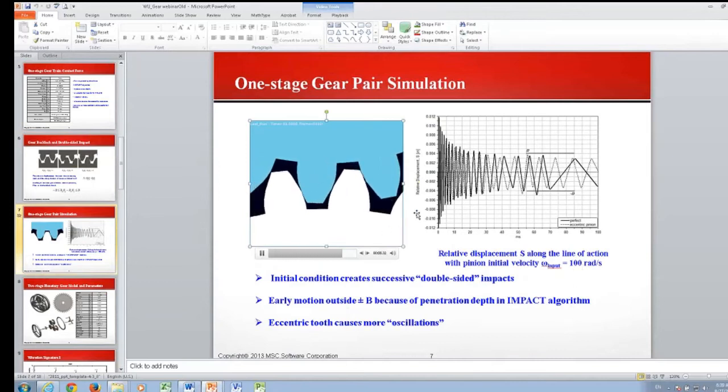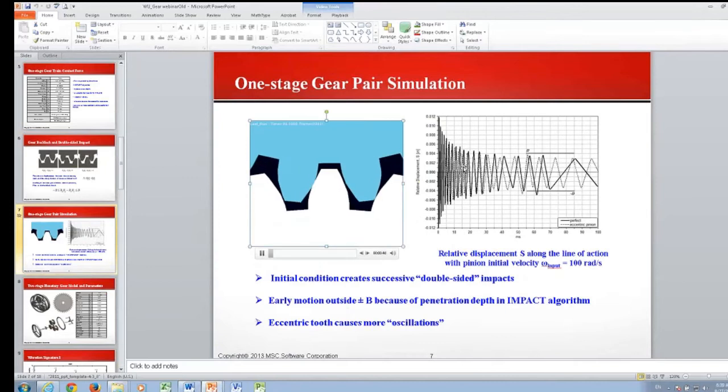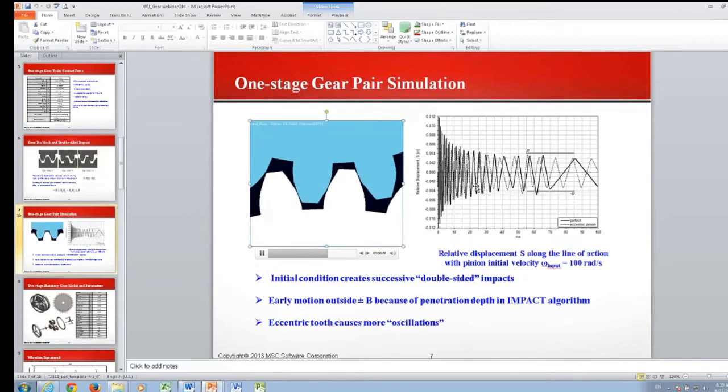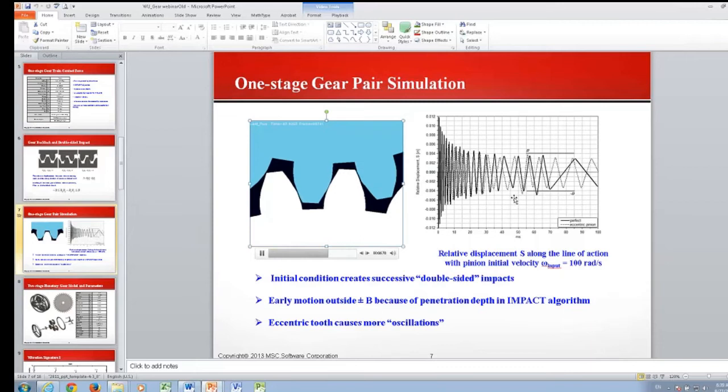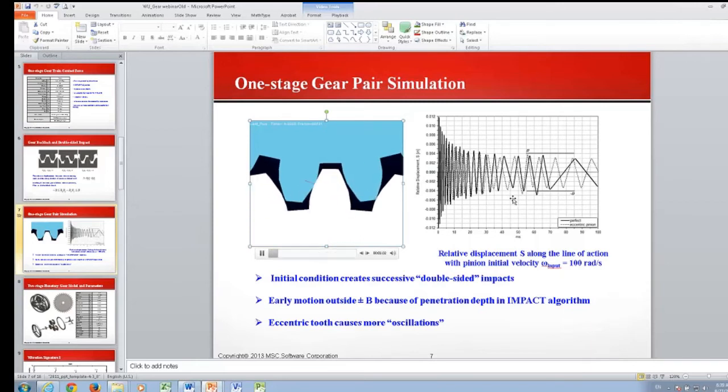We compare the magnitude of the impact, which we call the relative displacement, with the published results, and adjust our parameters in order to make them match. In this way, we can say that the model works properly. So this is what we did.